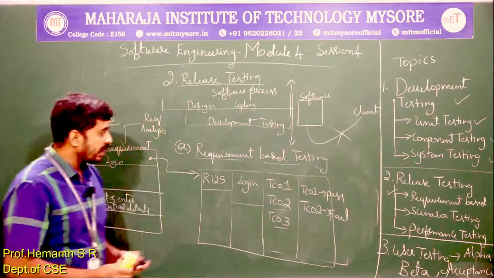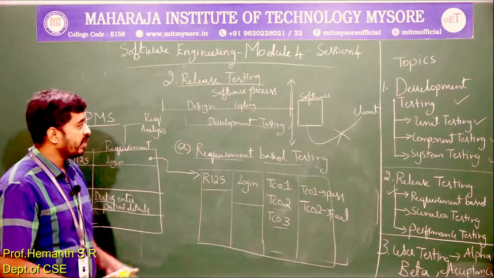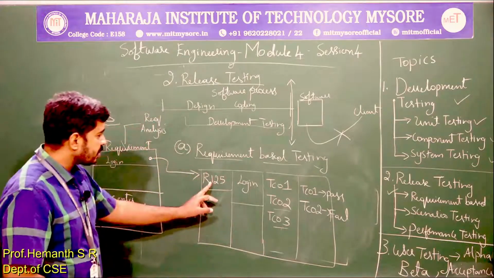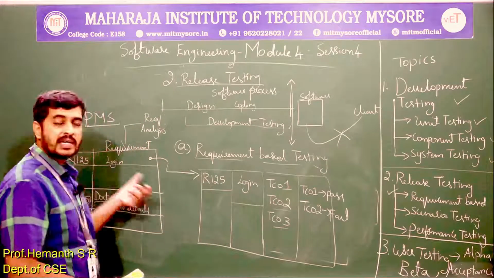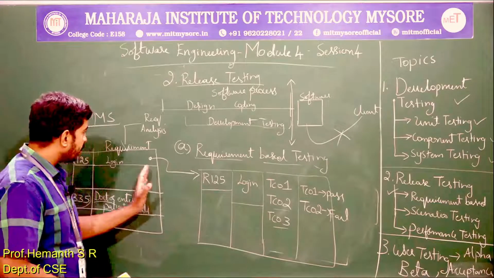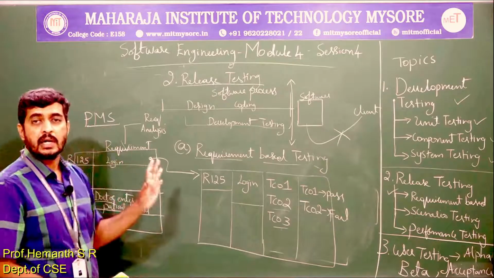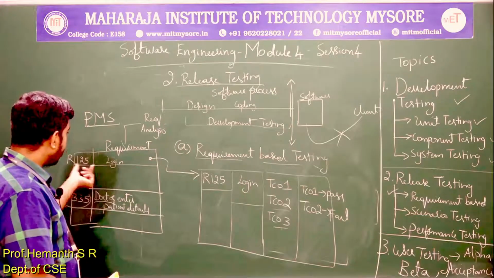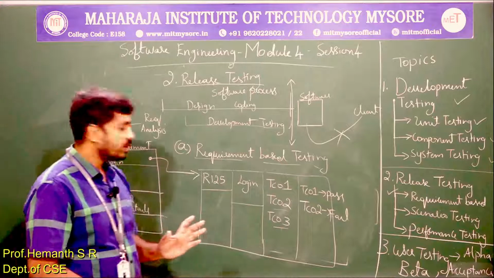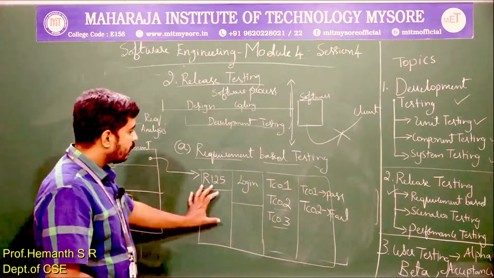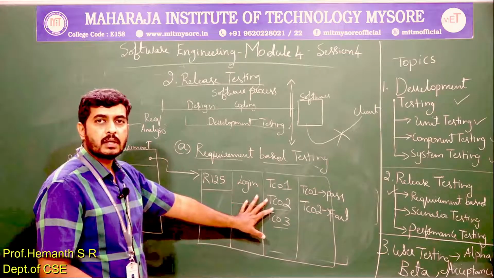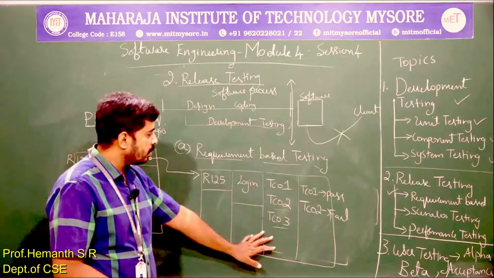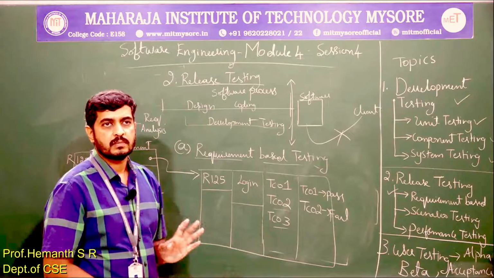So this is requirement based testing, where we are testing the software product by taking into consideration the requirements that were given by the client, which were documented during the initial stage by giving a unique ID for each requirement. So we take up a requirement, we test it rigorously through different test cases for different scenarios, and we verify the results.